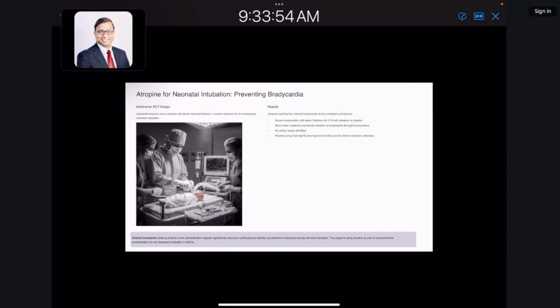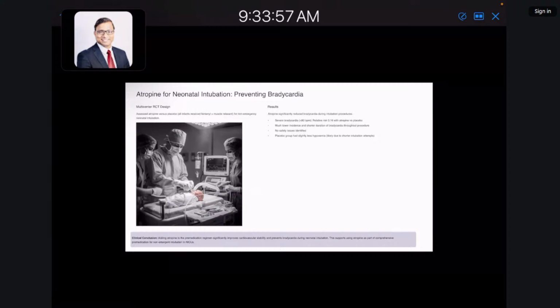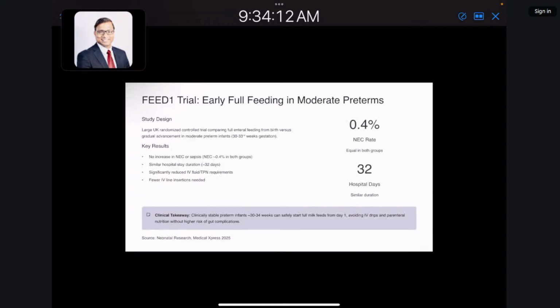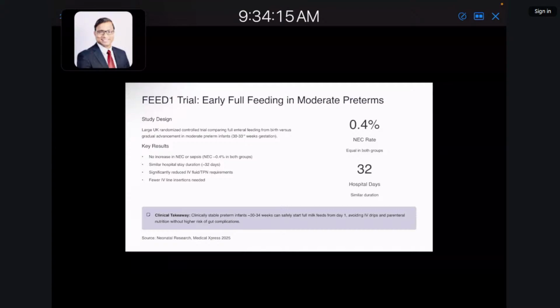Then coming to atropine for neonatal intubation, multicentric trials showed that adding atropine to premedication significantly reduced bradycardia during neonatal intubation, improving cardiovascular stability. Coming to the GI system, the FEED-1 UK randomized controlled trial demonstrated that stable moderate preterms, that is 30 to 34 weeks of gestation, can start with full milk feeds early from day one, leading to fewer IV fluids and total parenteral nutrition needs without increase in necrotizing enterocolitis or length of stay.